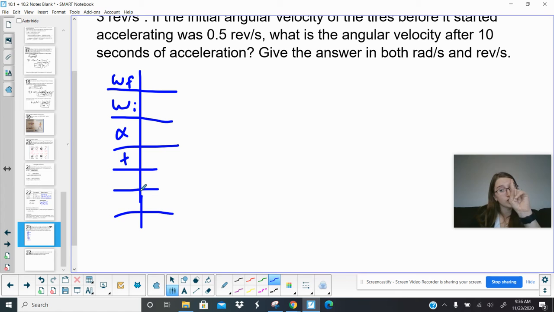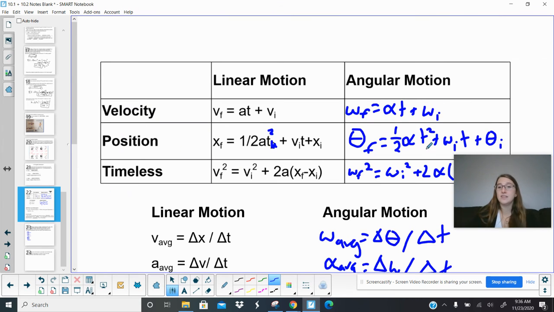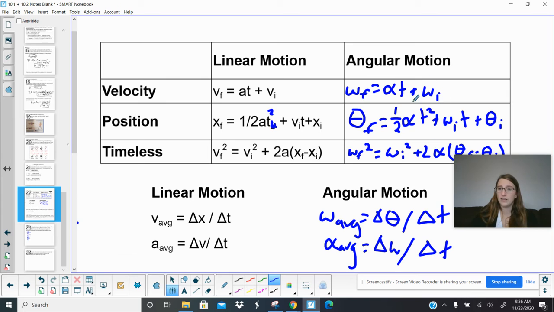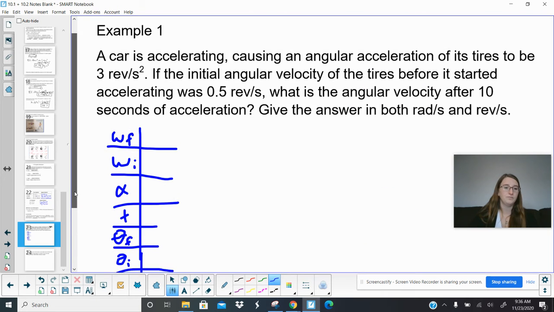And then for position, remember, position is theta final and theta initial. So remember, we have these 3 formulas to work with as well as these 2. Don't forget about these. If you're looking at a problem and you're like, I swear I can't use any of these, it might be the average formulas you're using, so be careful with that.